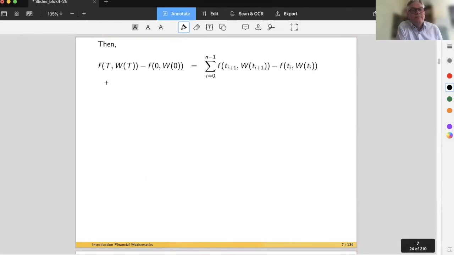Then, if we look at this difference, f(T, W_T) minus f(0, W_0), we can rewrite that as a telescopic sum. This is a sum, i runs from 0 to n minus 1, of f(t_{i+1}, W_{t_{i+1}}) minus f(t_i, W_{t_i}).